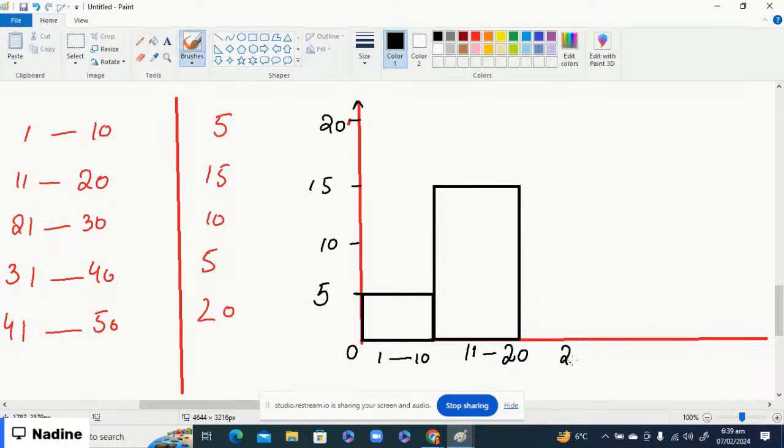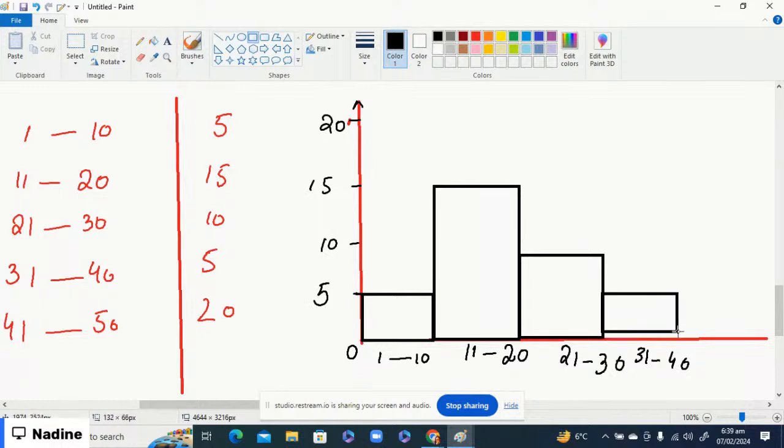Here we write 21 to 30, it's 10. Next is 31 to 40, that is 5 again, so here it's 5.